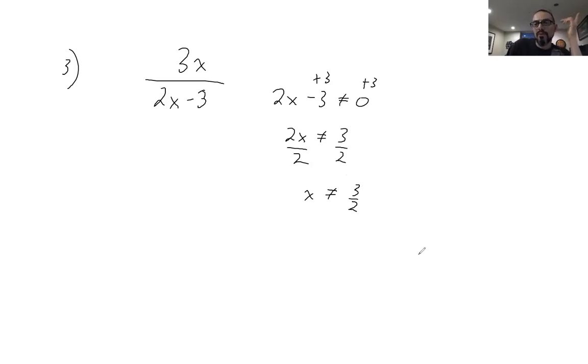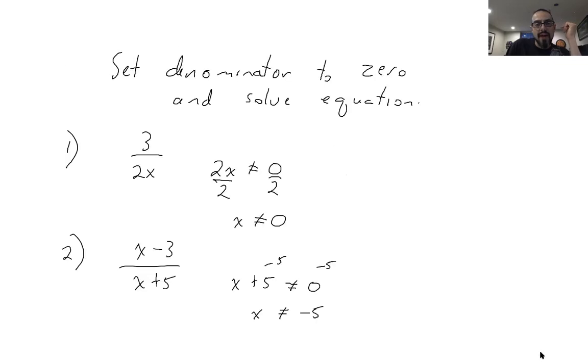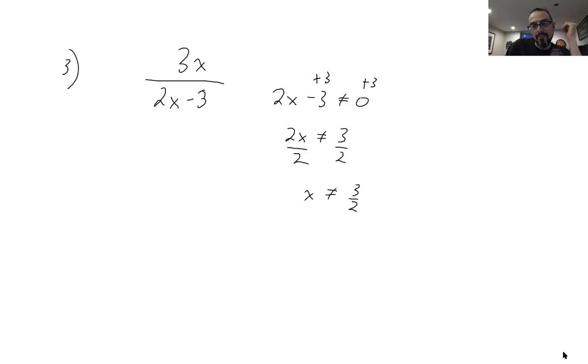Now, all the examples I've done thus far have had linear denominators, meaning degree 1. If we move into degree 2, which is most likely what you'd find in a pre-calculus class, degree 3 is very untypical, but I will show you degree 3 as well.